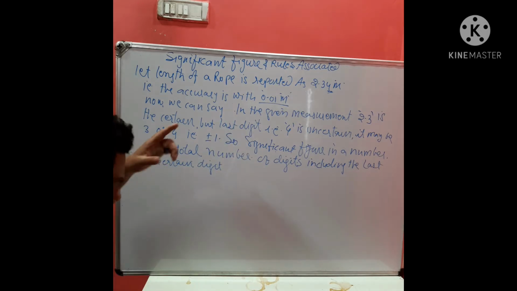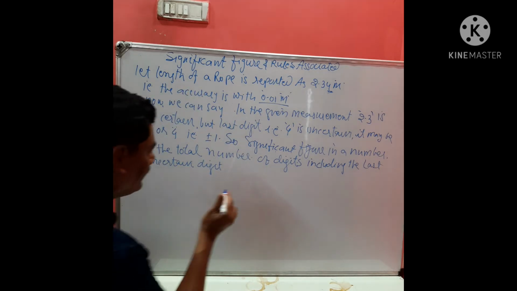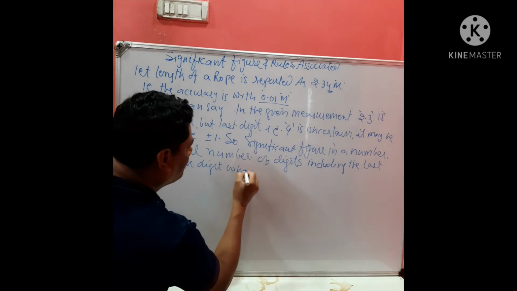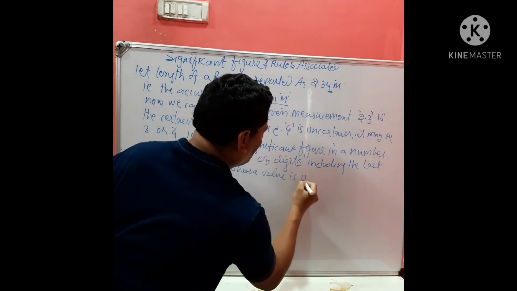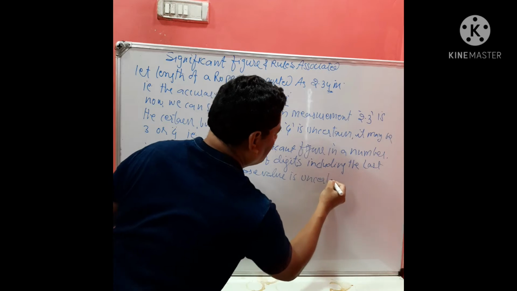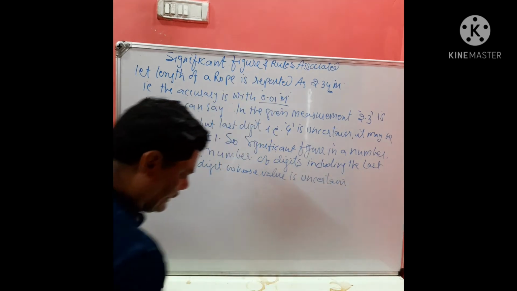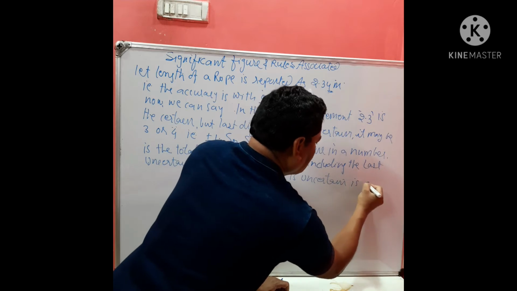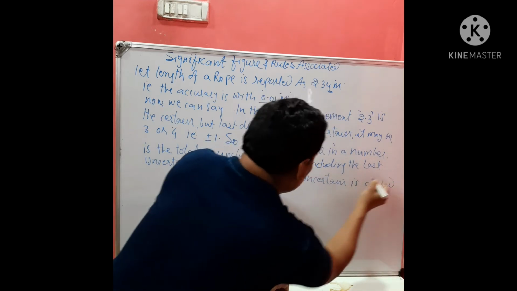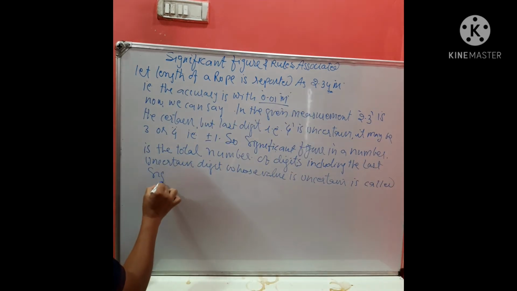What is the last uncertain digit there? 4, whose value is uncertain. This is called significant figure.